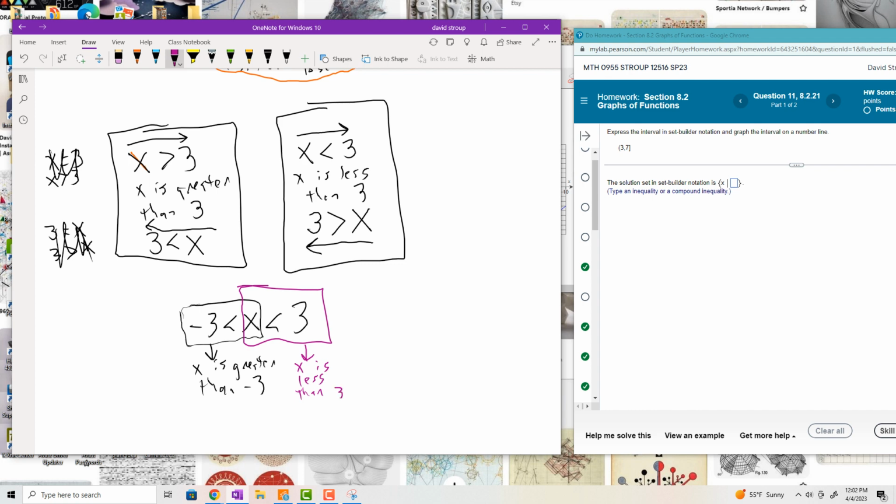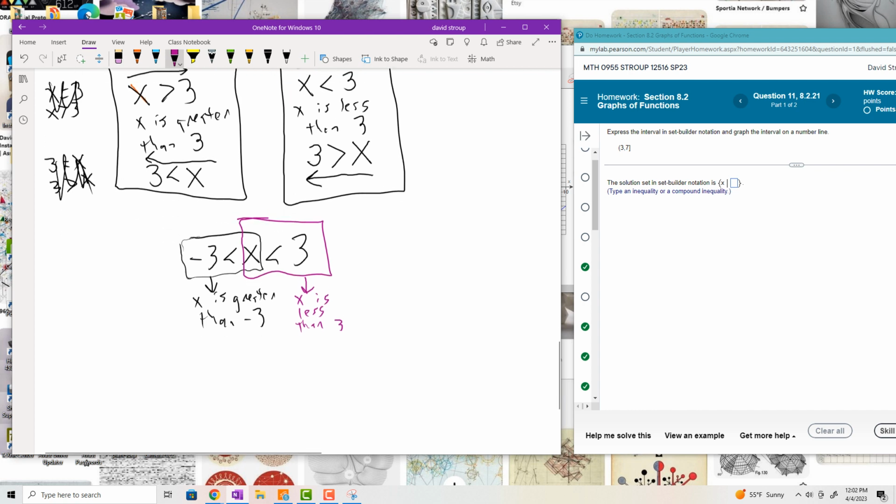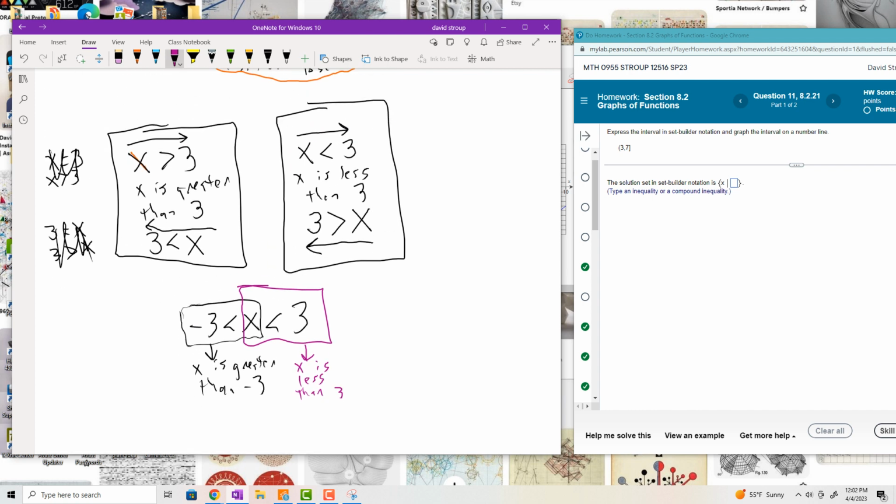But overall, it just means that x, and you can see it visually, is wedged in between -3 and 3.